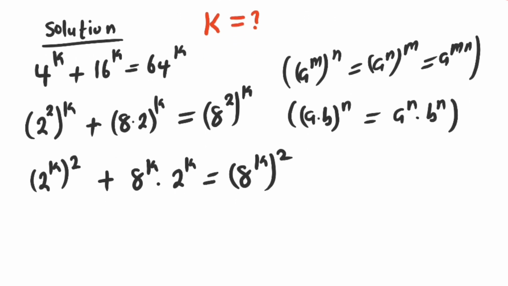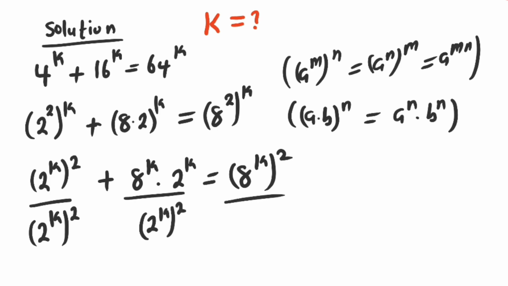Now let us divide both sides of this equation by 2 raised to power k all squared. This is divided by 2 raised to power k squared, this is divided by 2 raised to power k all squared, and this is also divided by 2 raised to power k all squared.